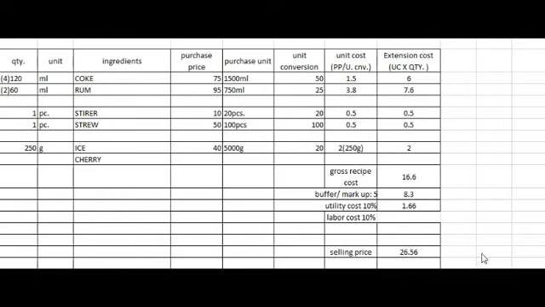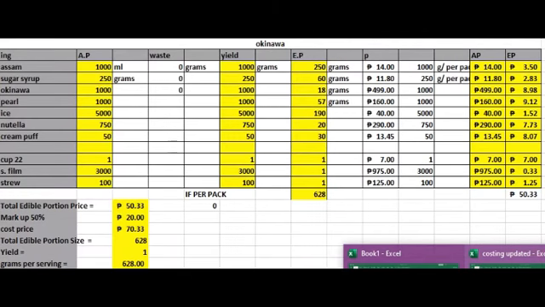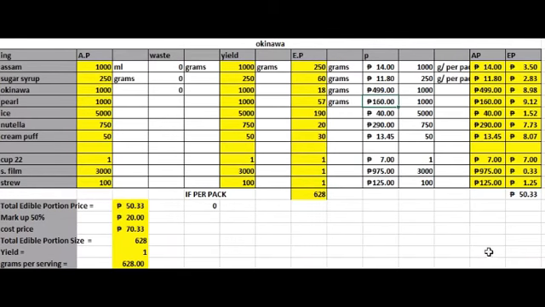So let's go to another format of costing. For example, the costing of my milk tea product. So the 1,000 ml, I converted it into 1,000 of water plus 10 grams of tea powder. For every 1,000 ml, so one liter, the price of one liter is 14 pesos.